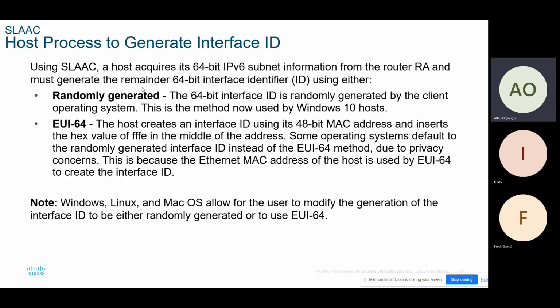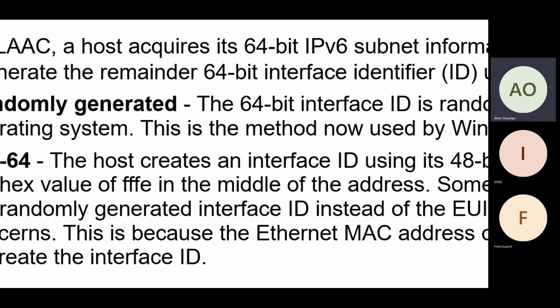If the PC does not obtain it randomly, it does what's called EUI-64, the Extended Unique Identifier 64 process, whereby the PC takes the 48-bit MAC address and inserts a common figure. I think we have demonstrated this before.